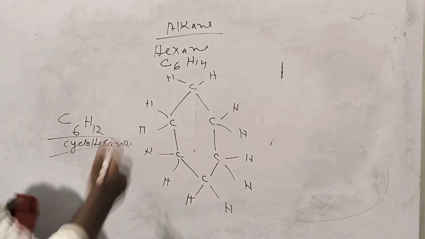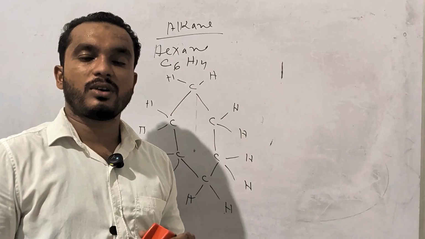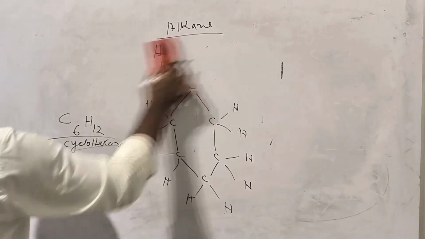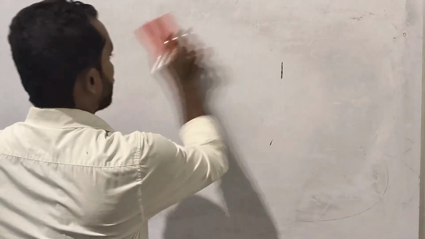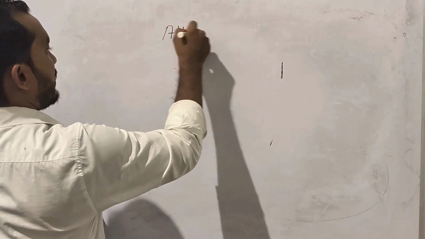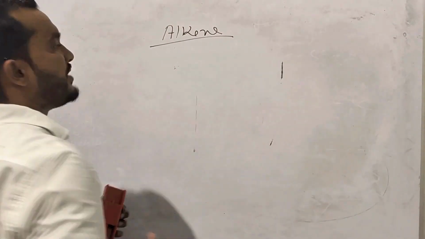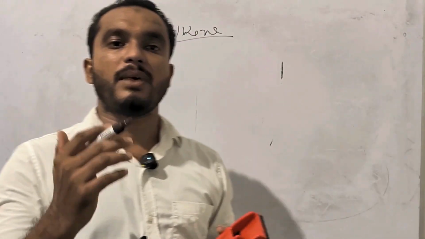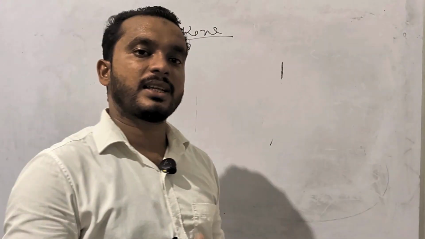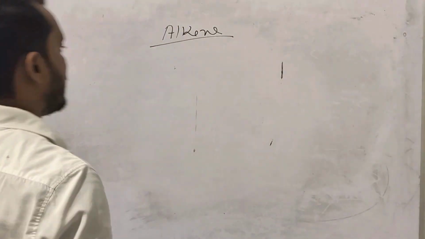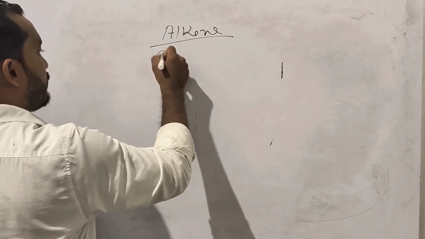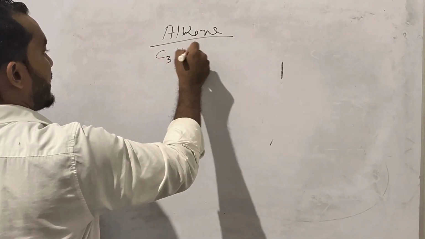Okay, so in the same way we can draw for alkene and alkyne. Let me show you. For alkene, I have already said a ring structure can only be possible from the third member of the carbons in the case of alkane, alkene and alkyne. See, the third member of the alkene is propene, C3H6.